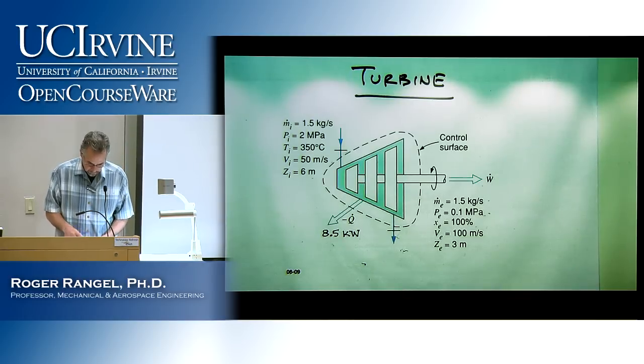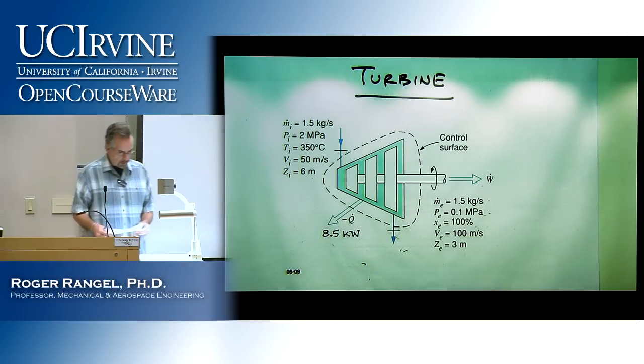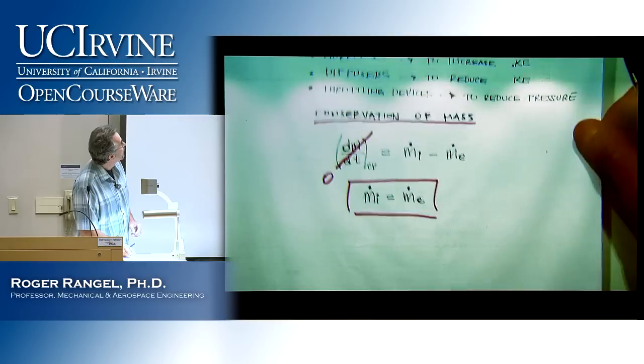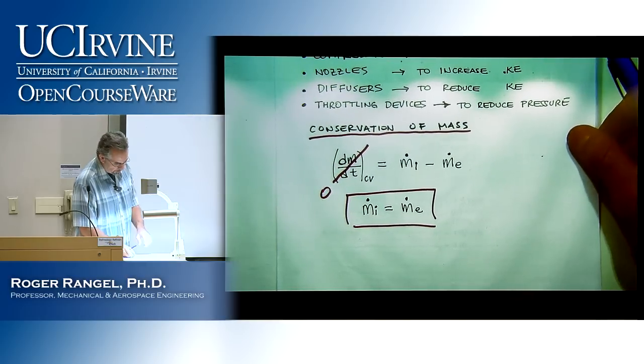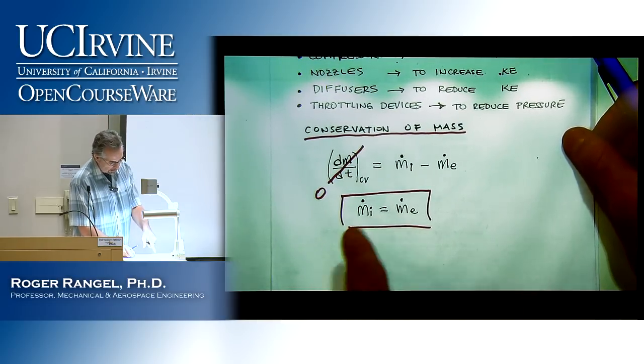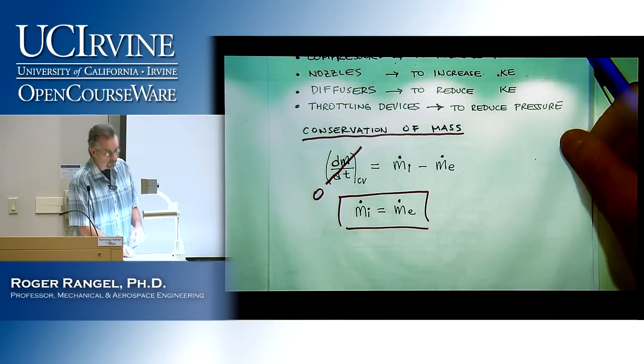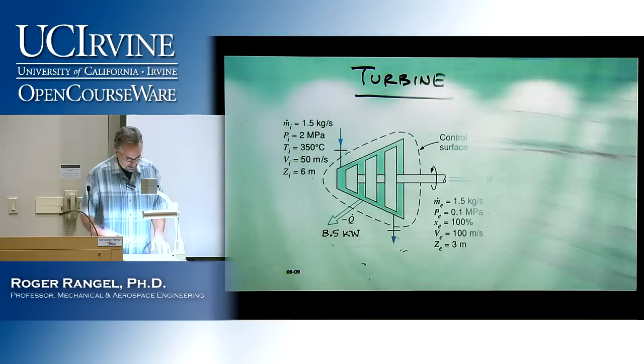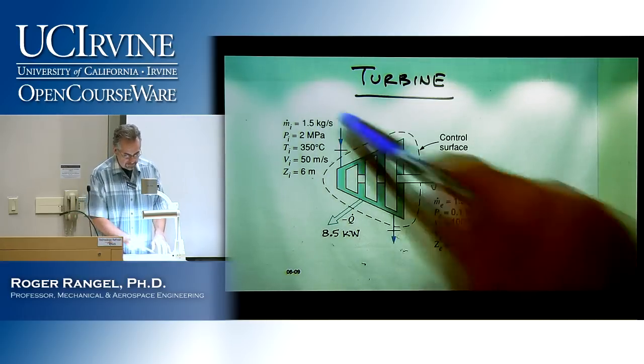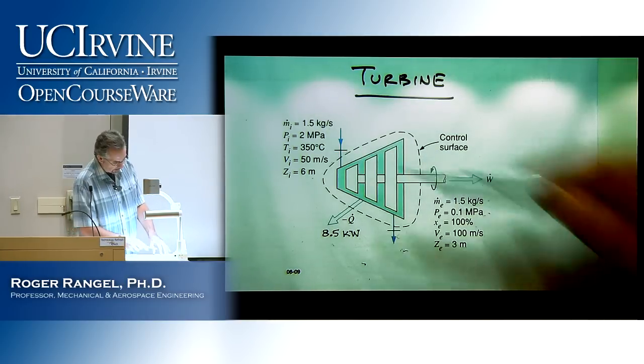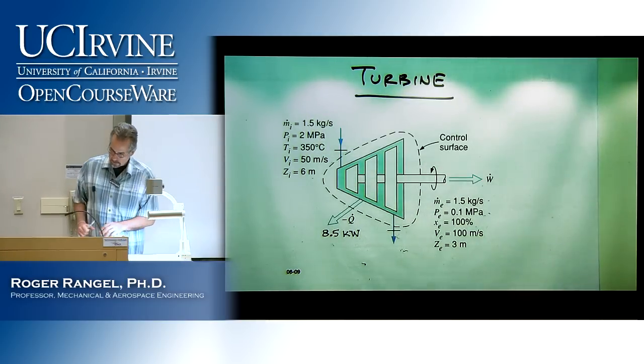Well, the first thing, of course, is to go back to this, just to verify. Always look at conservation of mass first. In this case, it tells you that the inlet mass flow rate must be equal to the outlet mass flow rate, and that's already verified, so we don't really need to go over that equation again. It's given here that those two are equal.